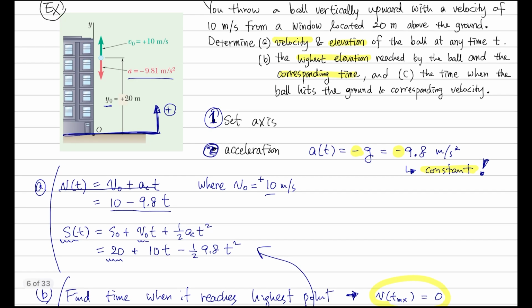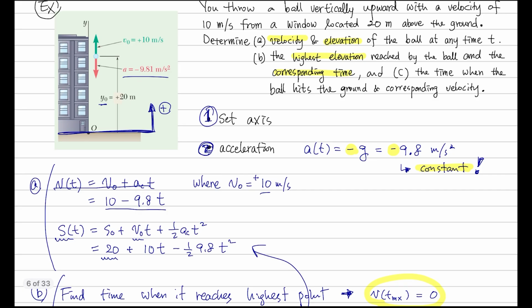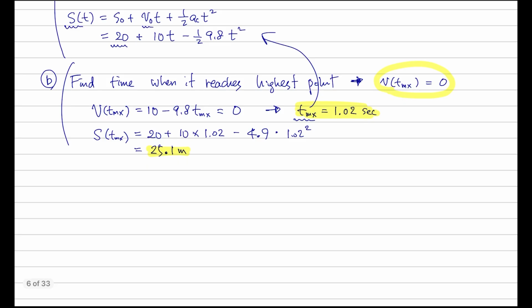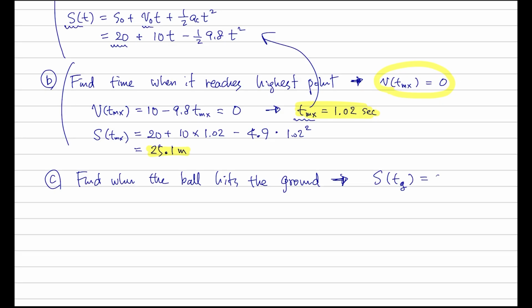And then the last part is to find the time and the velocity when it hits the ground. So here, it's the ground. And what will be the clue to use here? Yes, my s at time tg is 0.